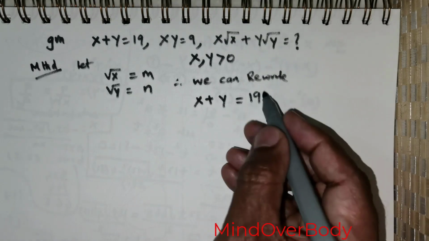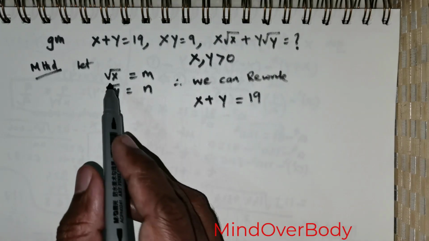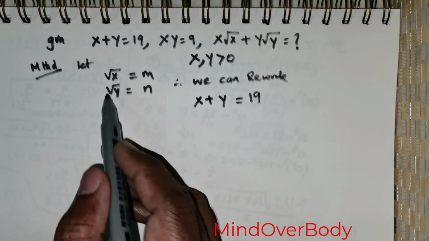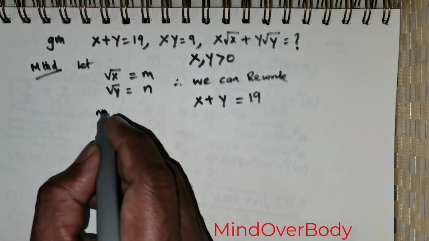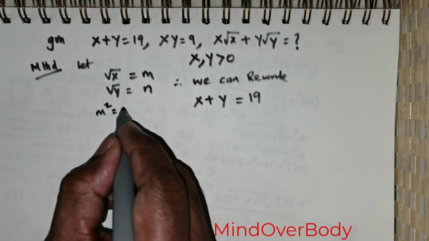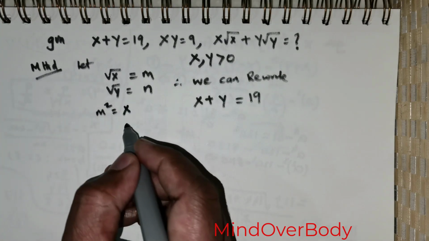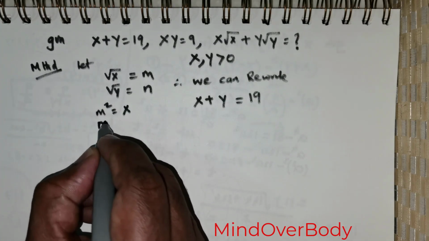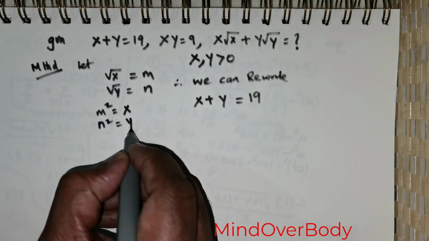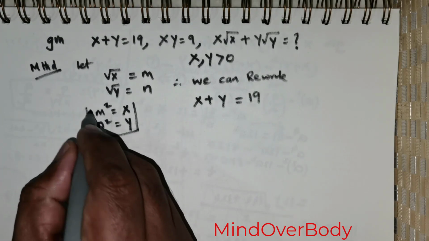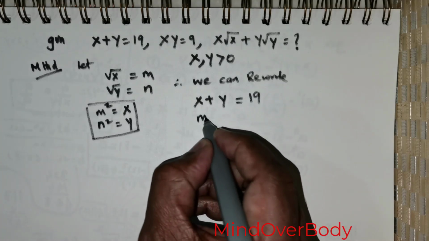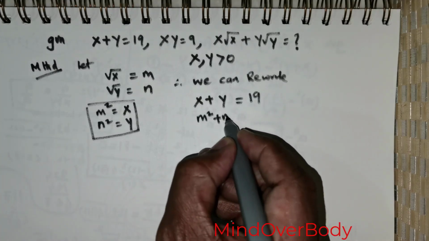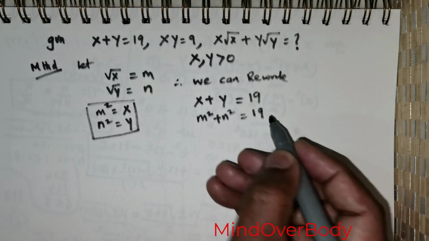If I were to take the square, m squared is equal to x and n squared will be equal to y. So now x plus y is actually m squared plus n squared is equal to 19.